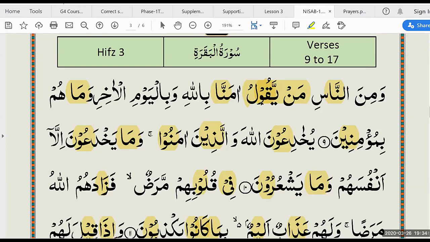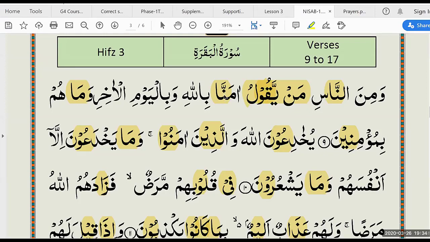Exactly. We have three huruf mad: alif, wa, and ya. So what's the rule for huruf mad? Once you have huruf mad, what do you do with it? Up to 2 seconds. So man yaqulu, for 2 seconds. Okay.